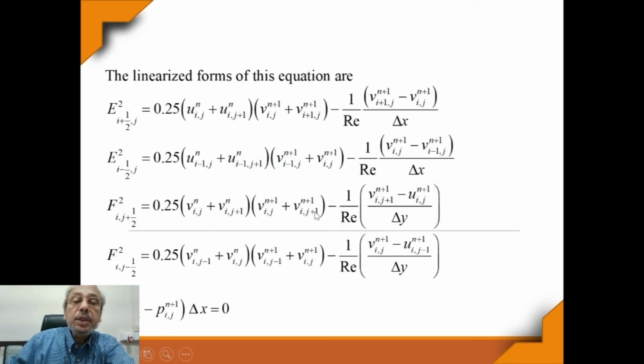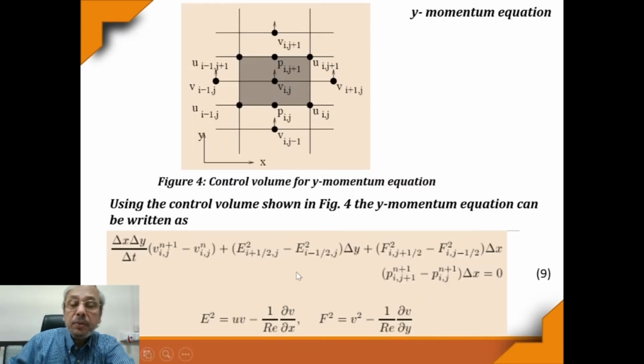And then we substitute this in the original equation. That means these terms are substituted, which are basically discretization of E2 and F2. Pressure gradient term is already discretized, and temporal term is already discretized.